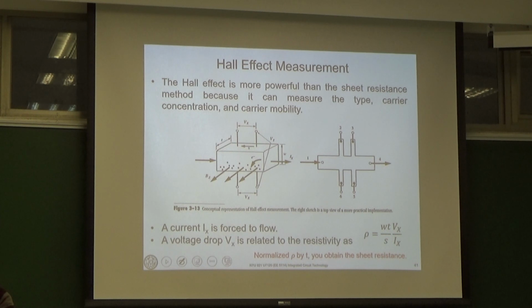It can also provide your carrier concentration and the mobility. So the Hall measurement is a very powerful technique to characterize your material. In this measurement, you have to apply a magnetic field to help you get the correlation correctly.